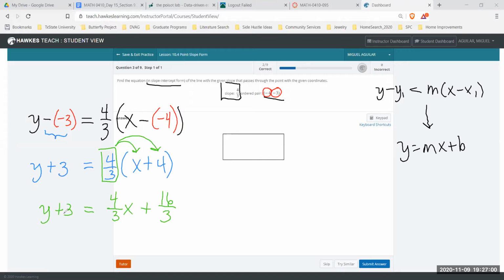I have a question. Yeah. So are we always going to take, like how it has the -4 and the -3, we're always going to take that and use that as y, take minus -3 equals, and then we're gonna separate them and still always put them in that format? You mean like going from this step to this step? Yes. Yeah, so you're always going to use this initial equation, point slope form, and just plug in those numbers. X goes here and y goes there, right?